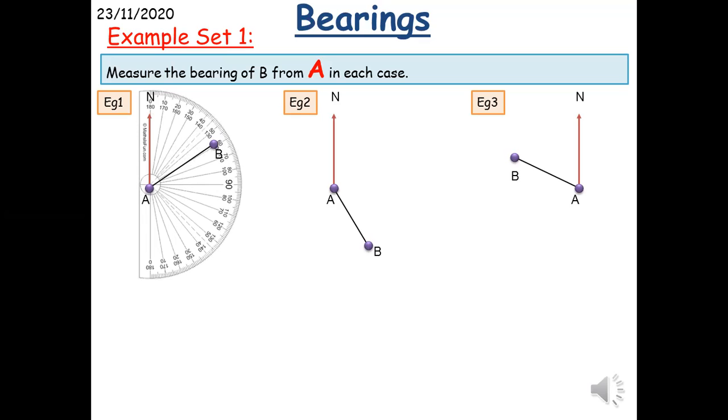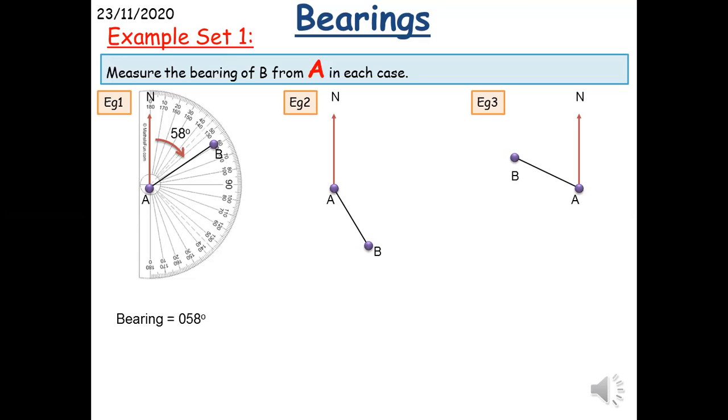The center of the protractor must be at point A, and the line of north must be on the line that is between the center and the 0. I will start measuring clockwise. So I will measure this angle. This angle is just before 60 by a small amount, so it is 58. So the bearing of B from A is 058 degrees.